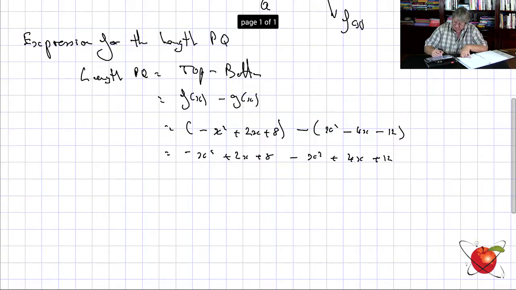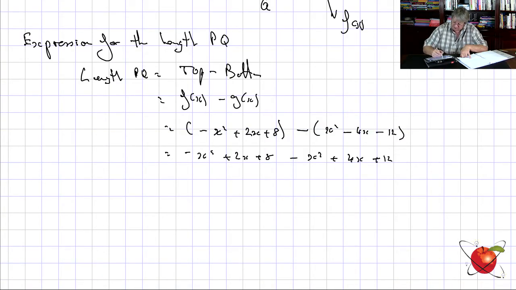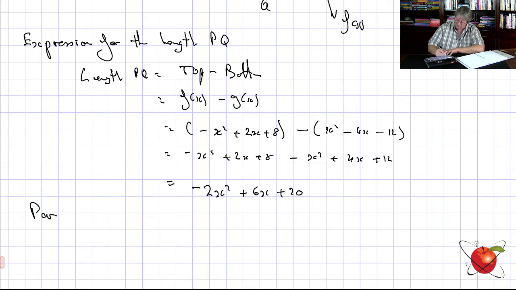What's the next step? The next step is to say, okay, and here we now have a function. Oops, sorry. We simplify this and we then have a function of minus 2x squared plus 6x plus 20. What is this? It's a parabola.